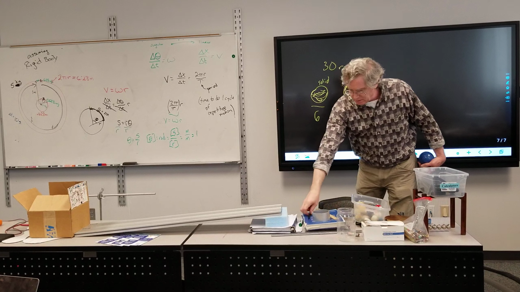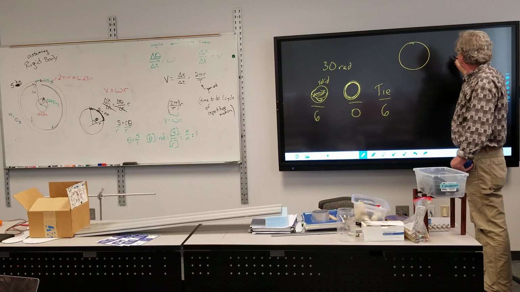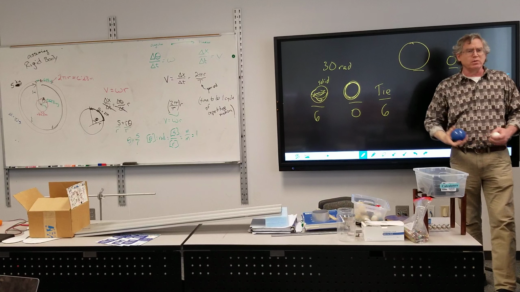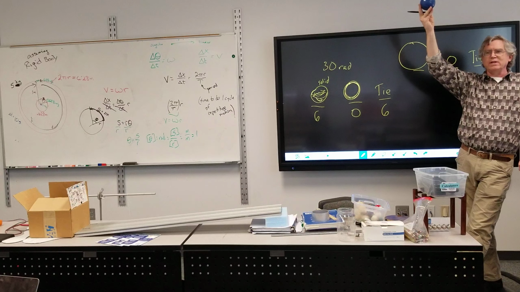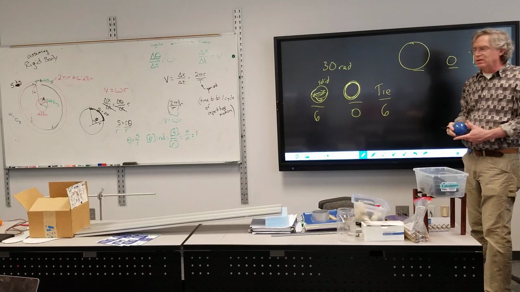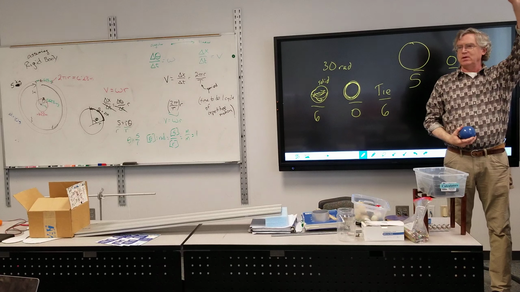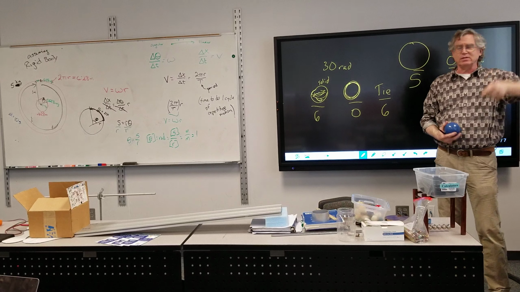So we will again. I've got the big one, and the small one. Who says the big one's going to win? 1, 2, 3, 4, 5. Who says the small one's going to win? 1, 2, 3, 4, 5, 6, 7.